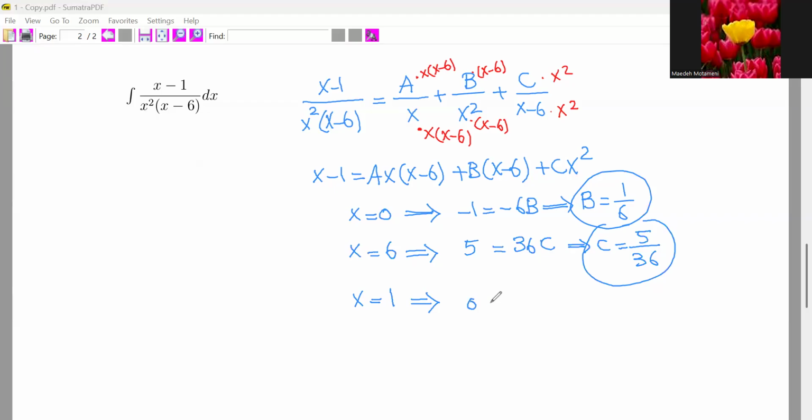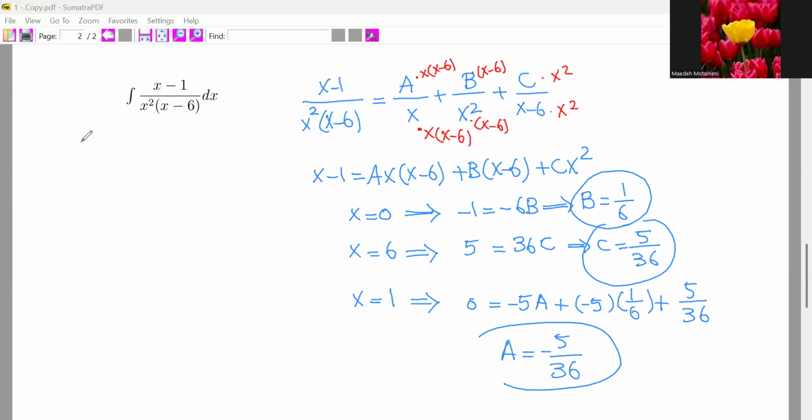So the left side will be 0, and the right side would be negative 5 times a, if you plug in 1 for x, and the next one will be negative 5 times b, which is 1 over 6, plus 5 over 36, which is c. So it will be a equals negative 5 over 36 because they will cancel each other and you would have the denominator as 36.